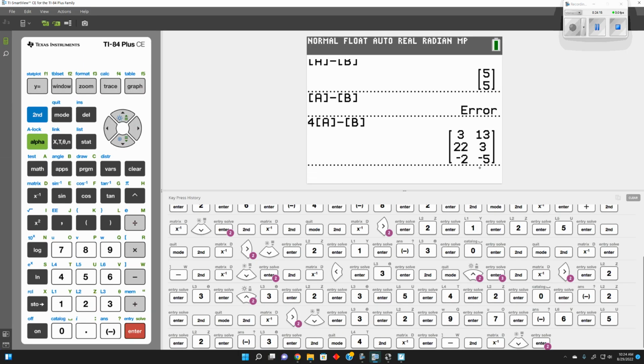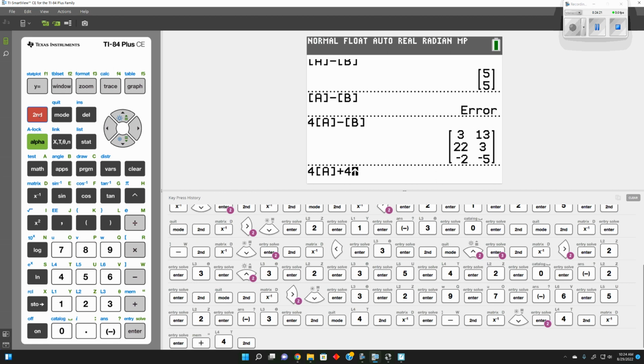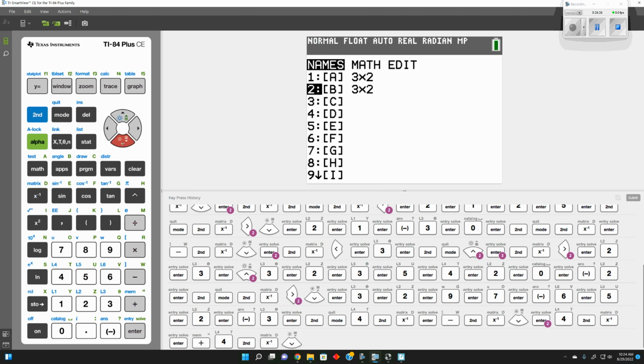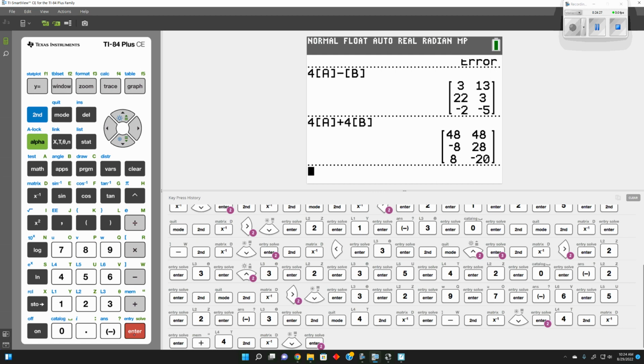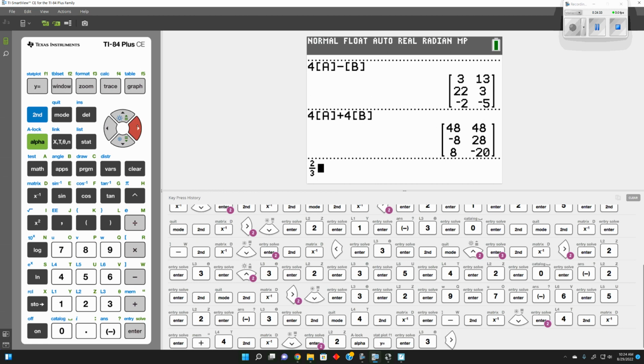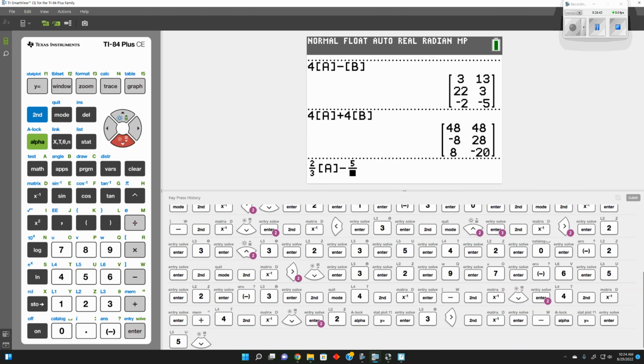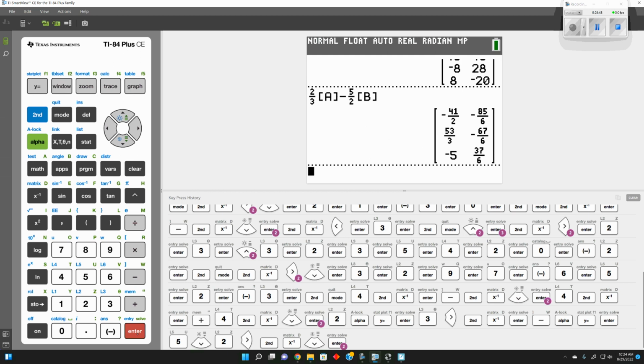So we could do this here and just say 4 second matrix A plus 4 second matrix B. And we could say 2 thirds second matrix A minus 5 halves second matrix B. So we can do any combination. It can be any number. And it'll calculate any of them just fine.